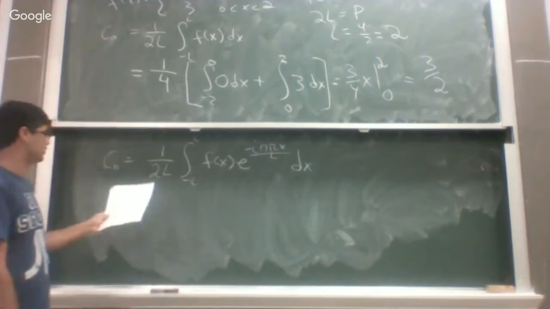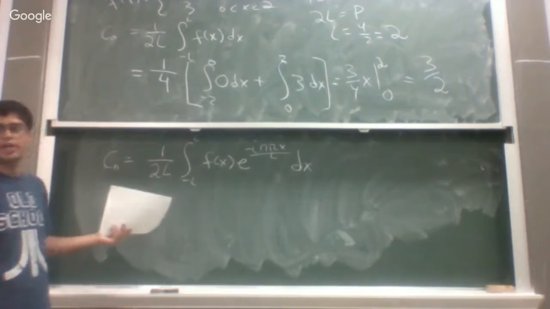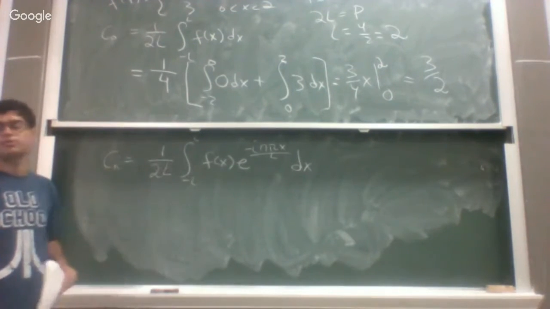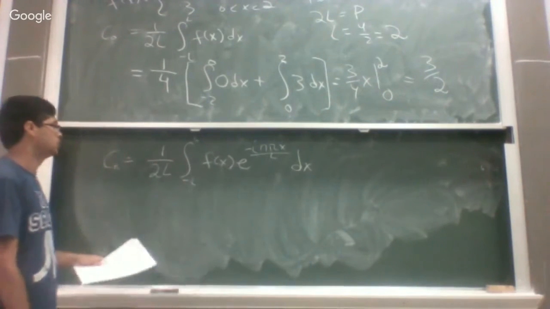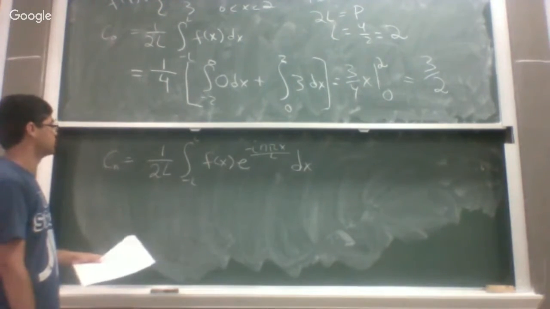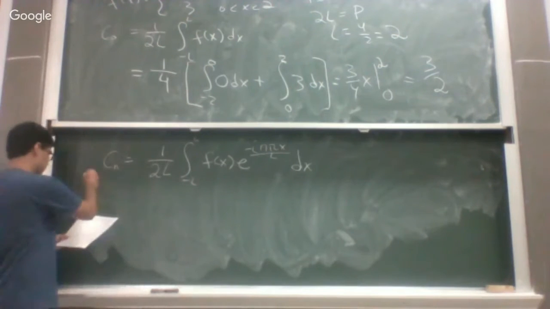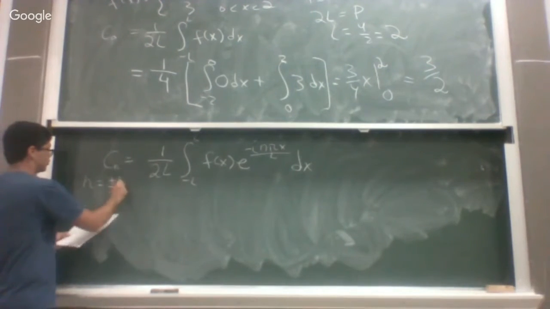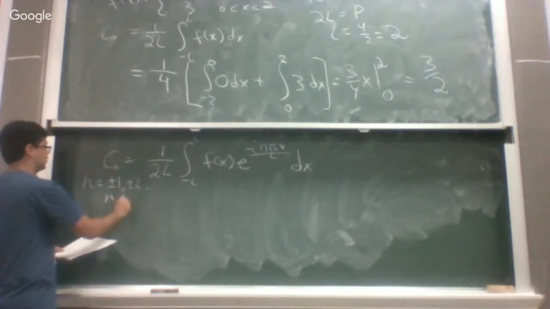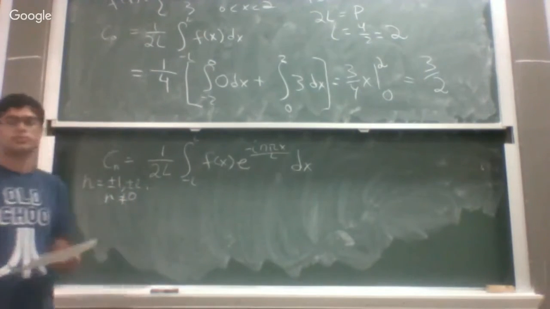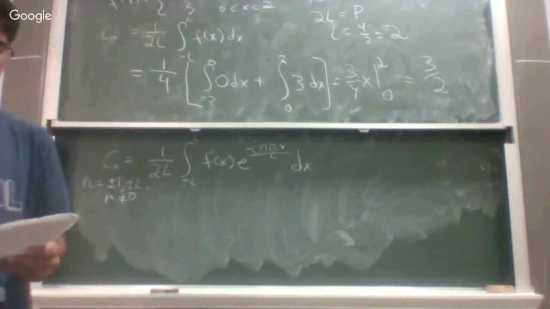This is what I meant. It's good to do 1 or 2 problems of every type, because then you know how it should simplify out, and whether you need u-substitution or integration by parts. This is when n is equal to plus or minus 1, plus or minus 2, and so on. So n cannot equal 0.